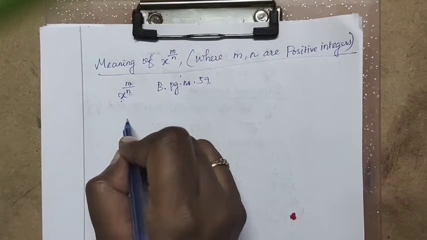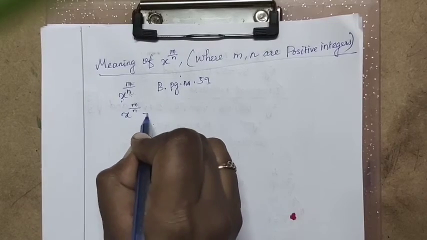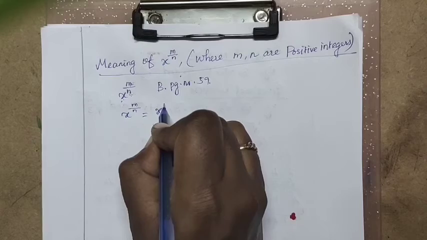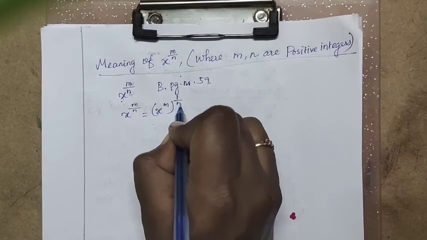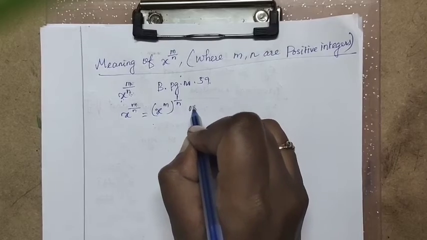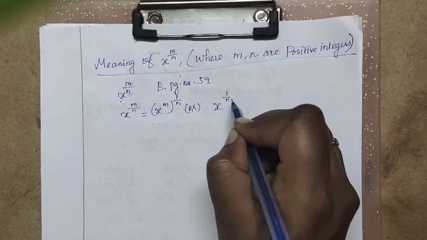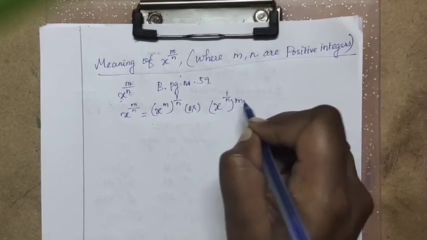In symbols, we can write it as x power m by n is equal to x power m whole power 1 by n, or x power 1 by n power m.